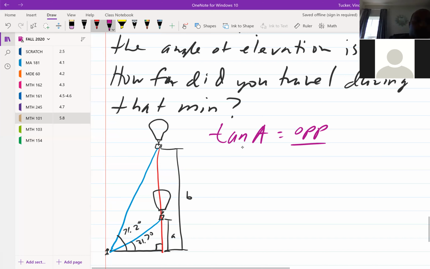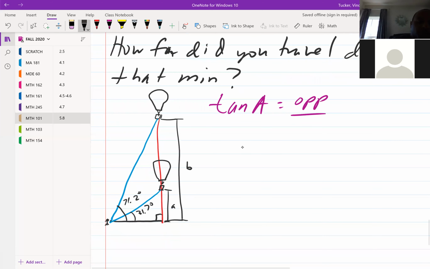I forgot my distance down: the distance from the friend to the balloon's launch point is 100 feet. All right, so tangent, we're going to use the opposite side, and on the bottom we'll use the adjacent side, so it's opposite over adjacent.